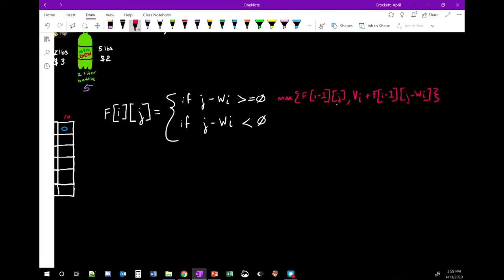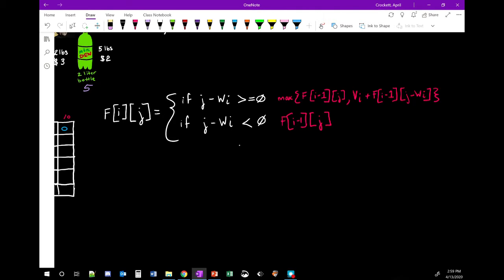So the max between those two cells, or if it is less than 0, then we're going to do something much easier. F of I minus 1 of j. So the row index is I minus 1, the column index is j.